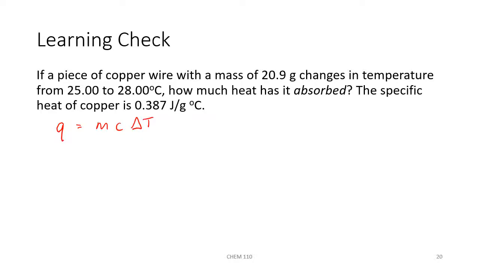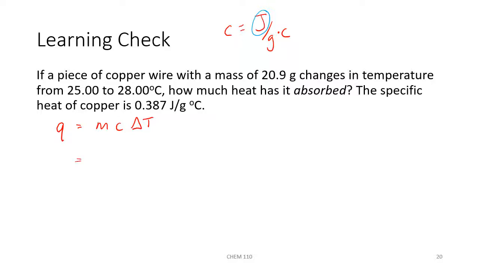And we mostly have to check and make sure that our units are okay. Since specific heat is measured in units of joules per gram degrees Celsius, that means that our mass is going to have to be in units of grams, and our temperature change usually will be in units of degrees Celsius. In this case, our energy that we calculate is going to be in units of joules.